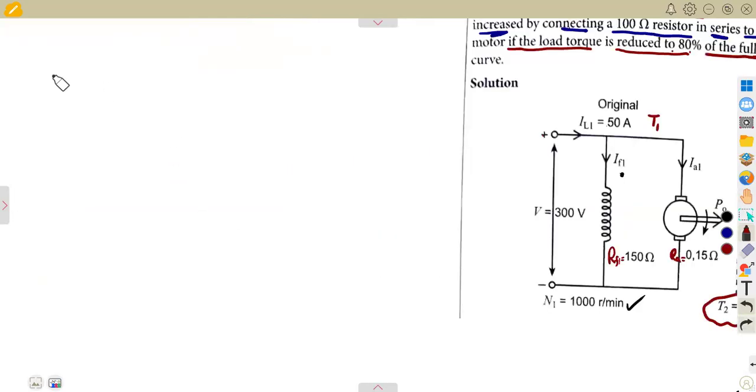So E is equal to V minus the armature current times the resistance of the armature circuit. We're just going to consider E1, V1. This 1 is just to say it is of the first circuit. Don't worry about that.